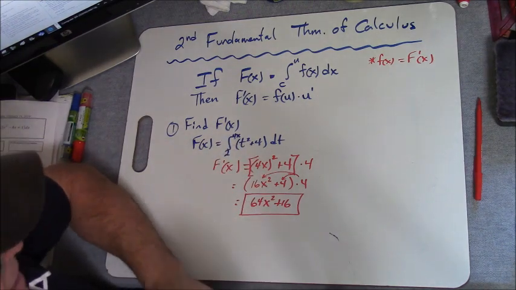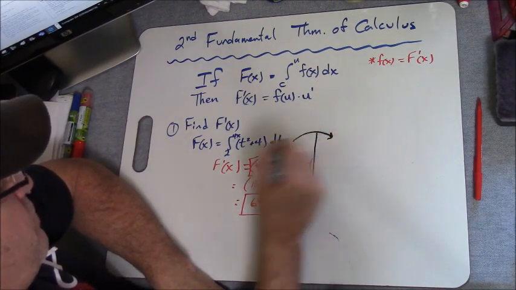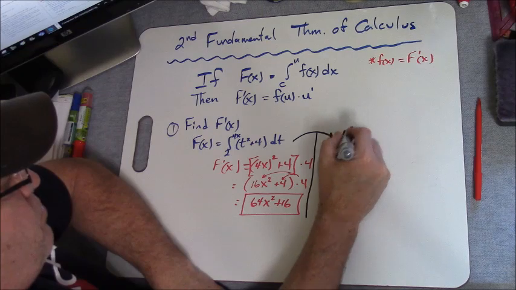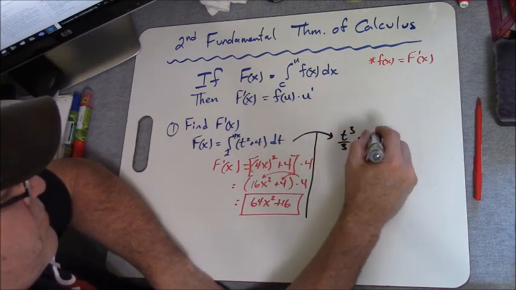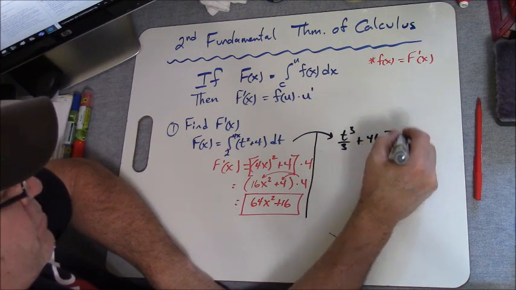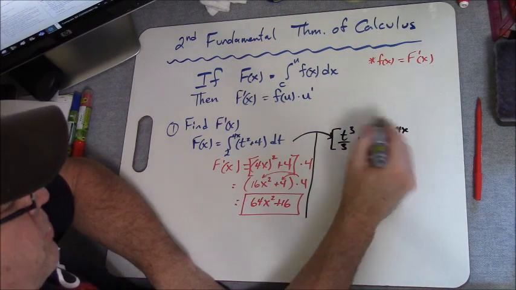So if I had to do that, I would say, okay, the integral is going to be t cubed over 3 plus 4t. And I'm evaluating that from 2 to 4x. So go ahead and plug that in.